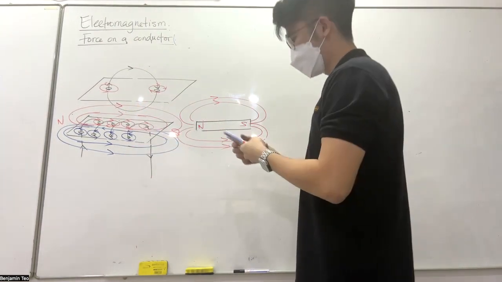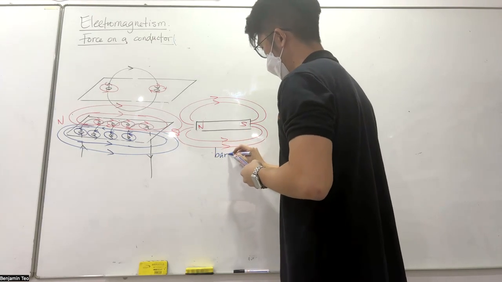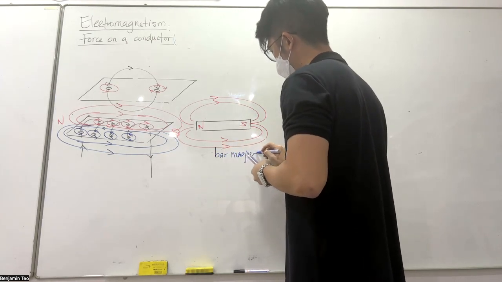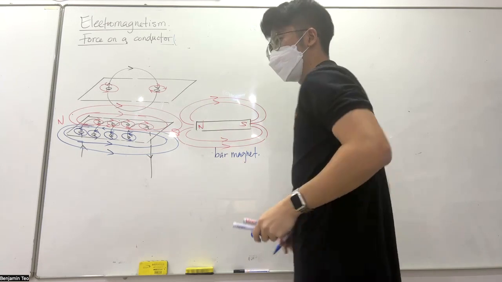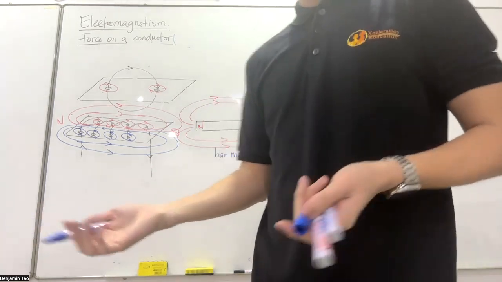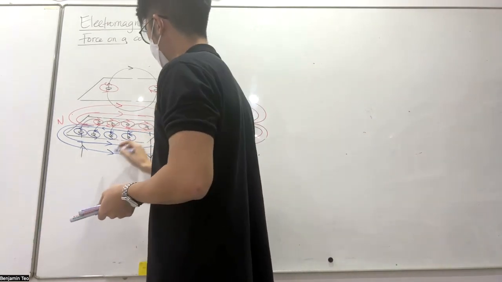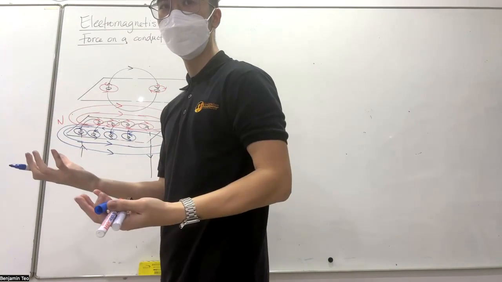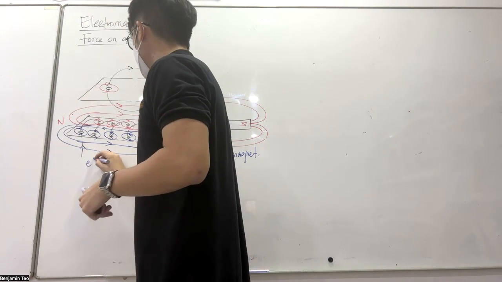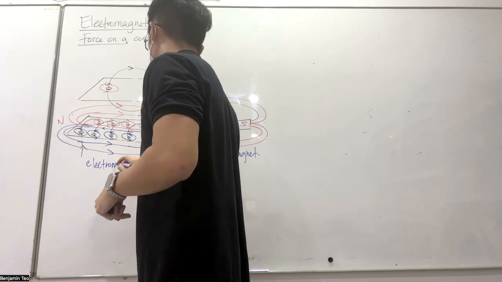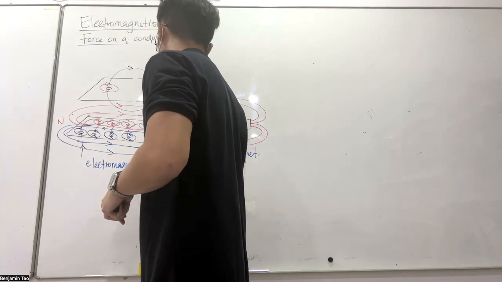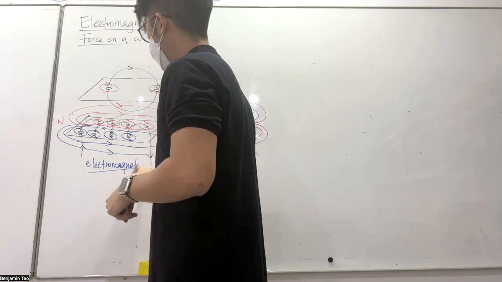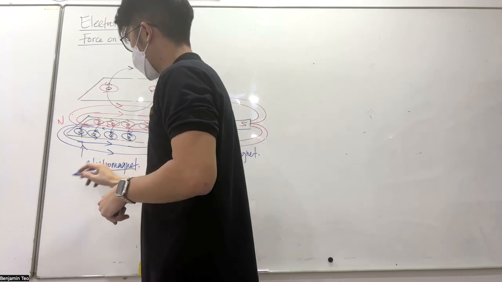Now 这个 magnet 是 bar magnet，是 permanent magnet，你不可以关掉那个 field。这个 magnet 我们叫什么 magnet？因为你用 electricity 来 create 那个 magnetic field，我们叫 electromagnet。Electromagnet. Because the magnetic field is derived from electricity.